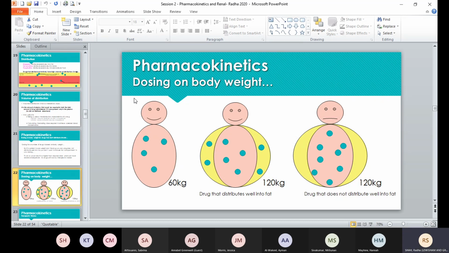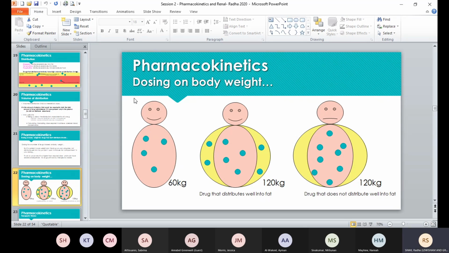As we know, a lot of the drug will end up in this fat tissue as well as being in the plasma. So there won't be any unwanted effects because it would have an equal distribution. But then, in the last patient on the right, again, they're 120 kilos.